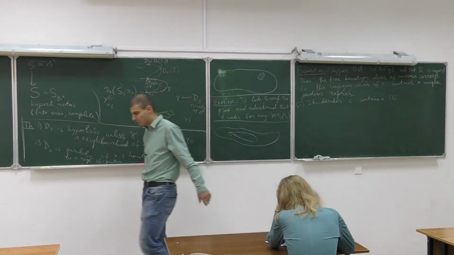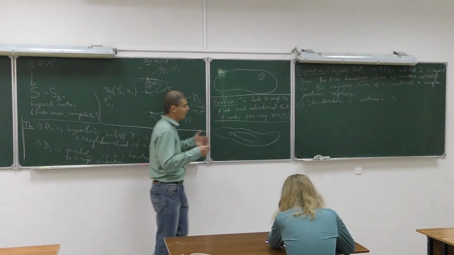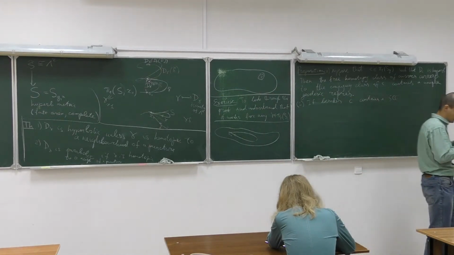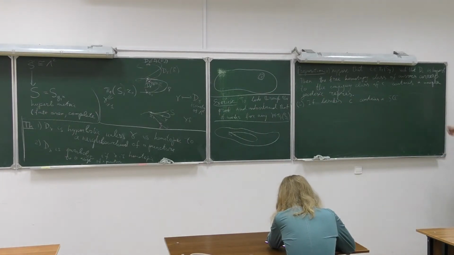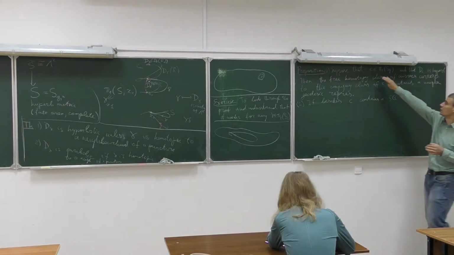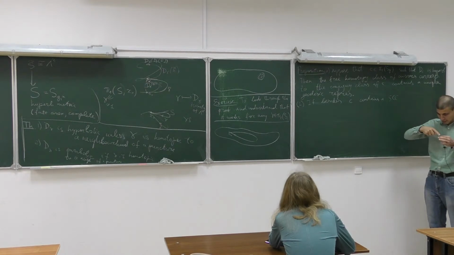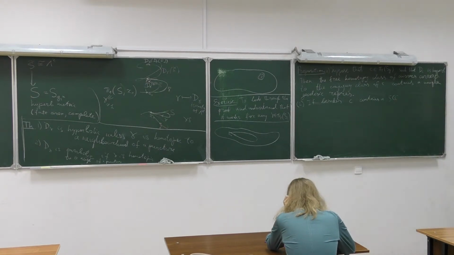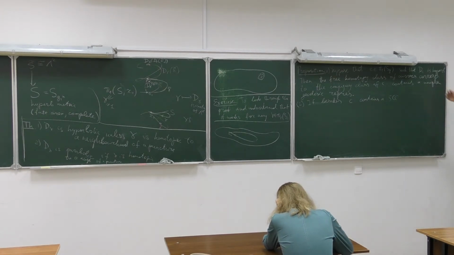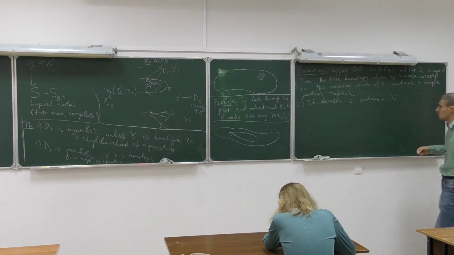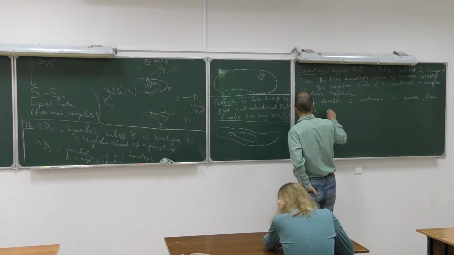A priori it may happen that we have a conjugacy class which corresponds to a homotopy class of curves which contains a simple closed curve, but when we find a geodesic representative, it might happen that we get not a simple closed curve but something with self-intersection. So the claim is that the geodesic representative is a simple closed curve.